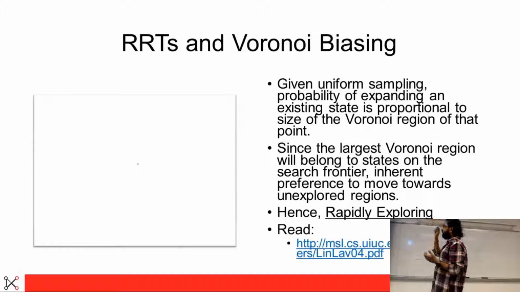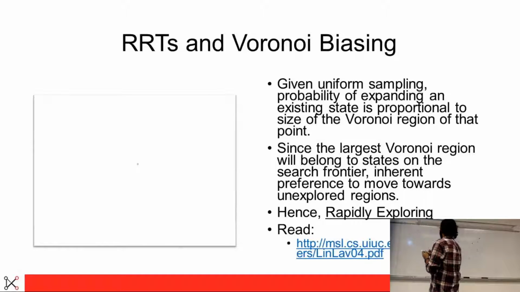Given that, the probability of proceeding from an existing state to a new unknown state is proportional to the size of the Voronoi region of that point, which means that if I had my tree till, let's say, here, and I want to connect a new point here, the probability that this point will attach to this and not any of the others is directly proportional to the Voronoi region of that point, right? That's where we realize that the size of the Voronoi region, the so-called area of influence, becomes important.